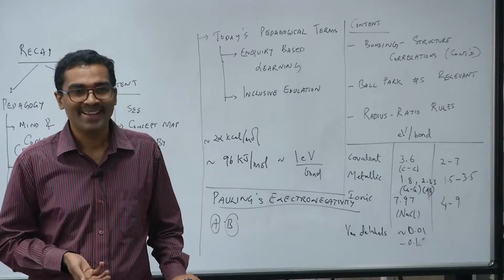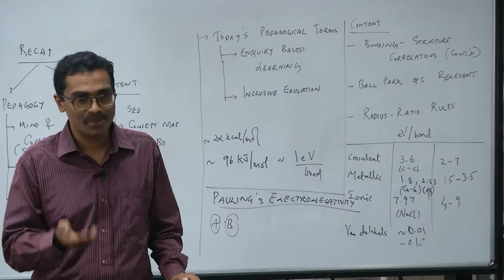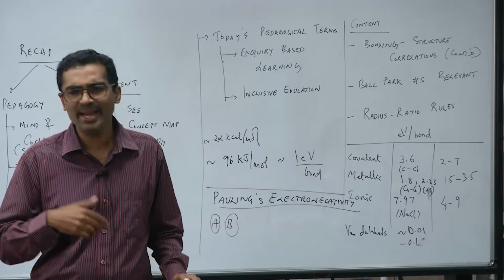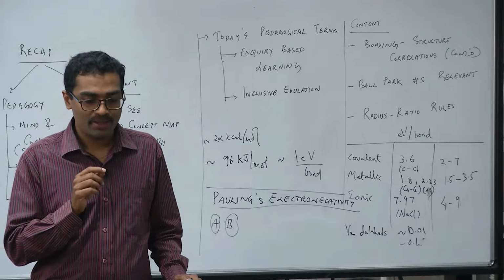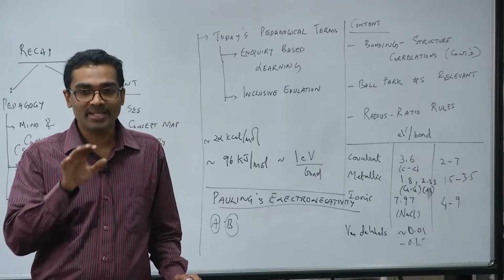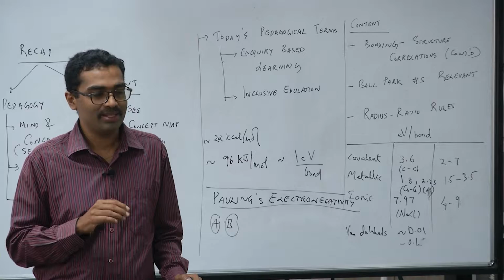It doesn't make sense. There will always be a certain degree of covalency as well. For instance, sodium chloride is highly ionic, no question about it. But you cannot say that there is absolutely no sharing of electrons. So it's a question of degree.